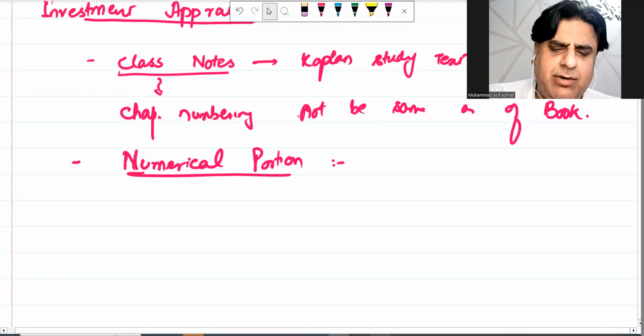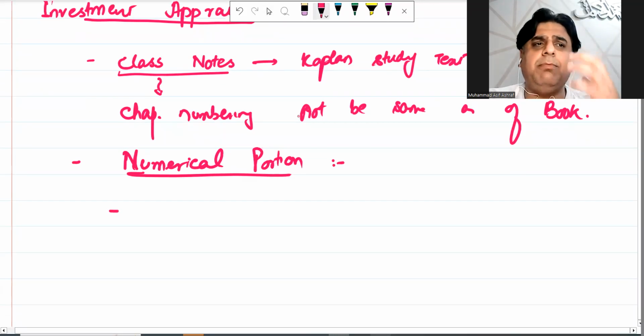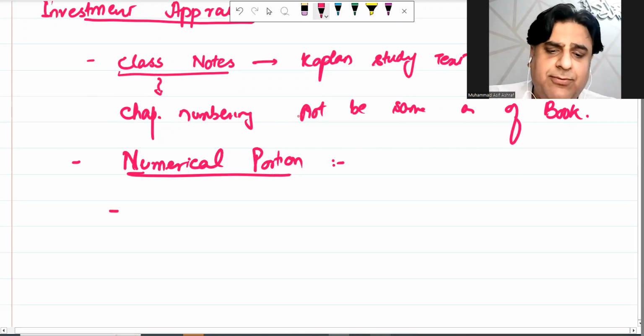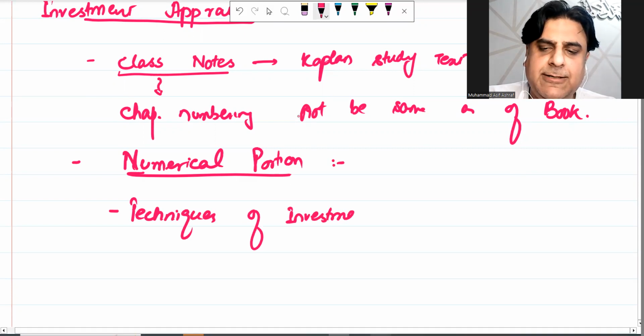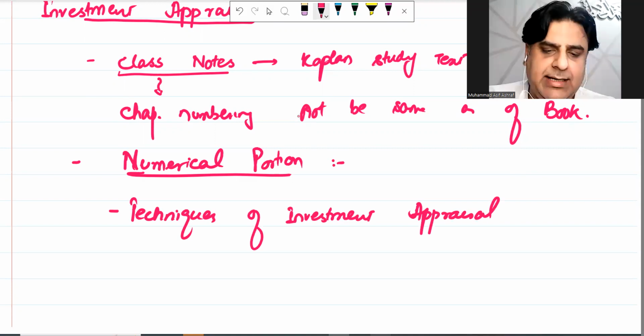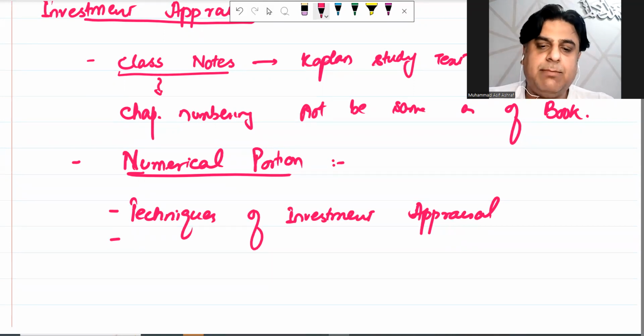First of all, I'll jot down the topics of numerical in investment appraisal. The first one is the basic techniques of investment appraisal. In the book, the second topic is foreign subsidiary or foreign investment appraisal, but I'm not following that order.